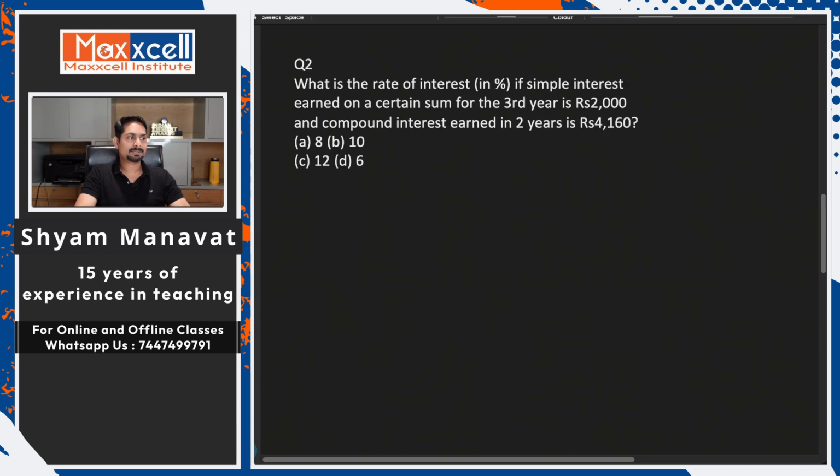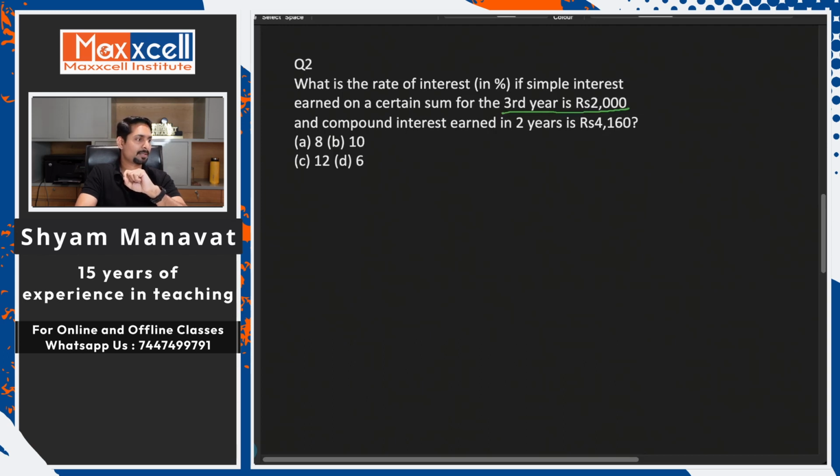What is the rate of interest in percentage if the simple interest earned on a certain sum for the third year is 2000, and the compound interest earned in 2 years is 4160? Third year is singular, not 3 years.